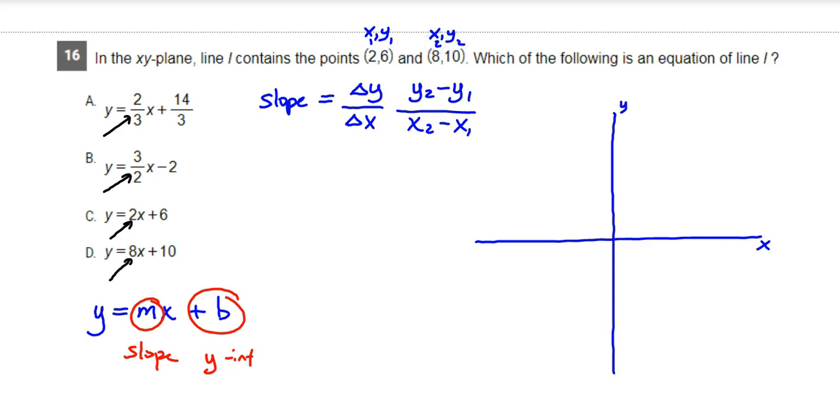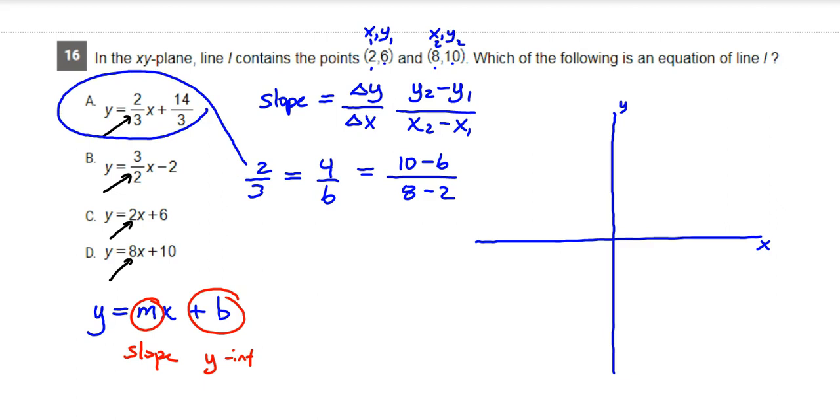So putting numbers in, y2 take away y1, and then x2 take away x1. Well, that gives me an answer of 4 over 6, which when you reduce that, you get an answer of 2/3. So I am thinking right now that this is probably the correct answer. Matter of fact, I know it is.